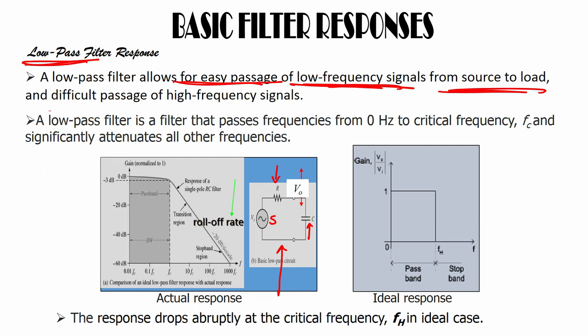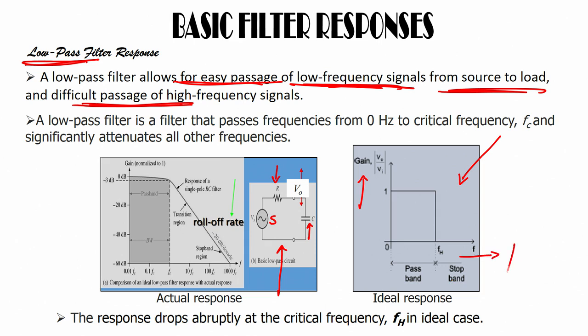Now, a low pass filter allows easy passage of low frequency signals, but difficult passage of high frequency signals. So, if you see the ideal plot, the ideal response of the low pass filter, it will look like this. You have the y axis where you have gain and the x axis where you have frequency.